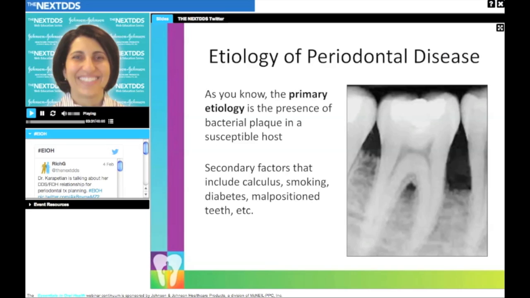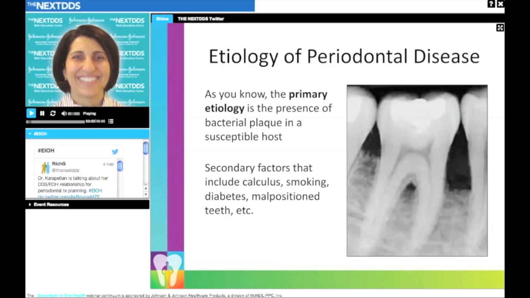Next we're going to talk about the etiology of periodontal disease. And etiology basically means why the disease occurs. Now we know that there are 2 types of bacteria in the oral cavity. You have the good gram-positive bacteria and the bad gram-negative bacteria.